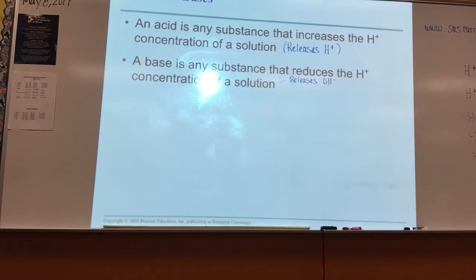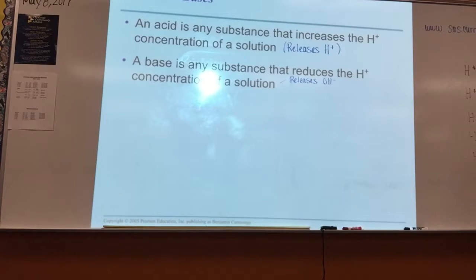Anybody have an idea of what a second way? There's another way it can reduce the H plus. Where it bonds with the hydrogen? Yeah, it can bond with one of the H pluses, and if it bonds to the H plus, it becomes part of the base and no longer is floating around in the solution, and therefore reduces it. Absolutely.